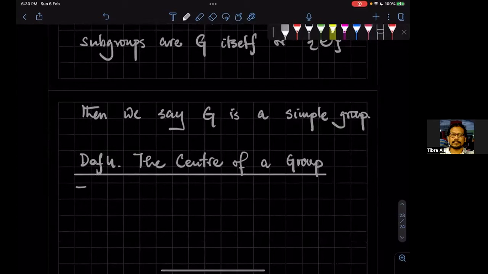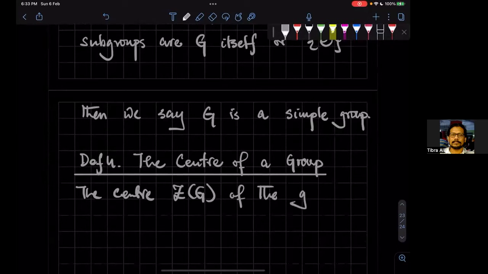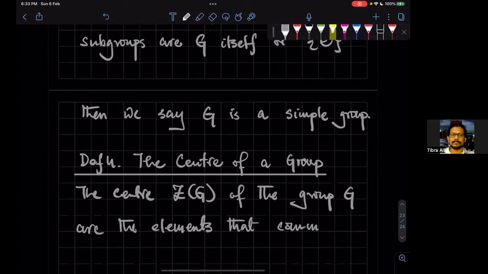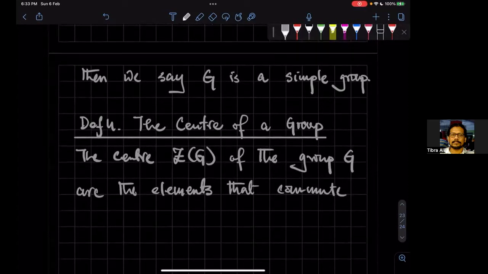What do I mean? The center Z(G) of the group G are the elements that commute with all the elements of G.